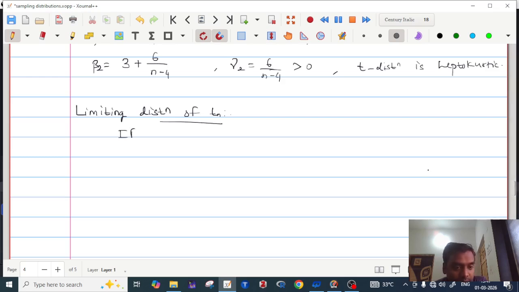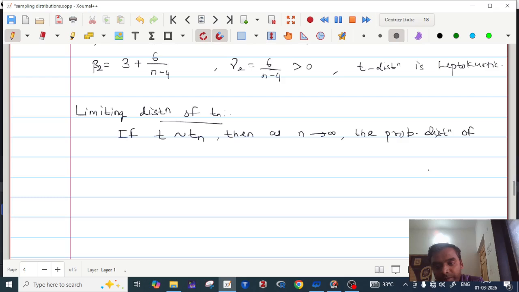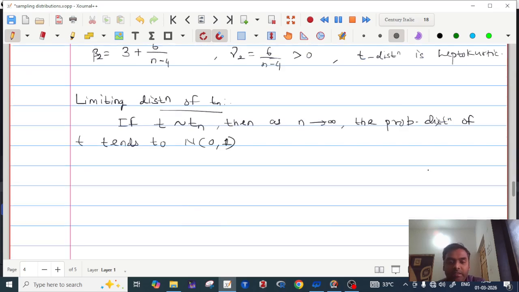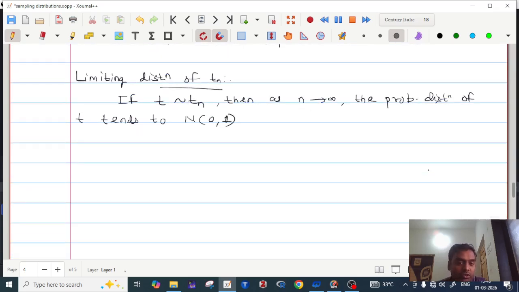If t follows t with n degrees of freedom, then as n tends to infinity, the probability distribution of t tends to normal. So for large n, the t distribution tends to normal 0 comma 1.